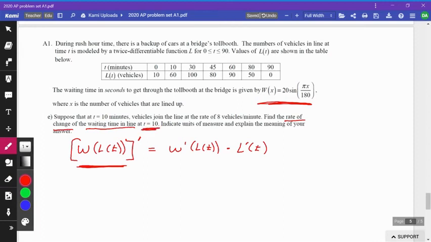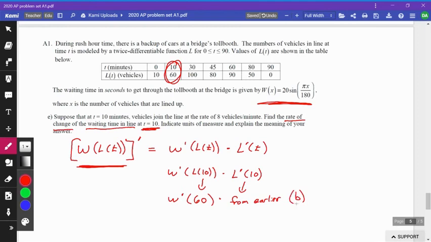So that is W prime of L of 10 times L prime of 10. Now L of 10 is going to be right here, so this is going to give you 60, so I get W prime of 60. And then L prime of 10 is going to be the calculation from letter B.